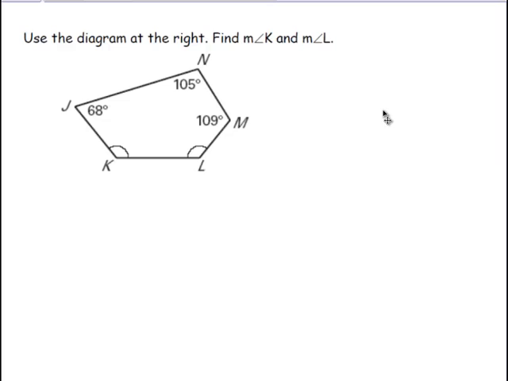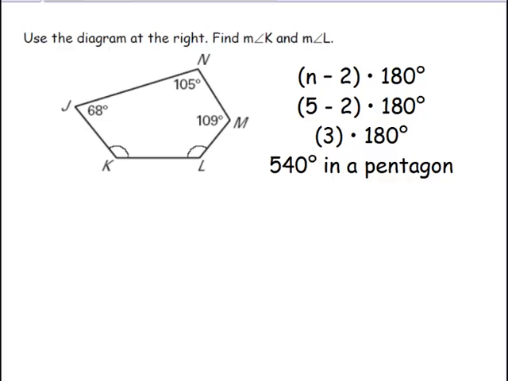Okay, so first of all, you want to figure out how many degrees are in a pentagon. n take away 2 times 180. 5 take away 2 is 3, and 3 times 180 is 540 degrees in the pentagon. Then I needed to notice my 2 missing angles are congruent. So if I add up 68 plus 105 plus 109, that is 282 degrees that I've already used.